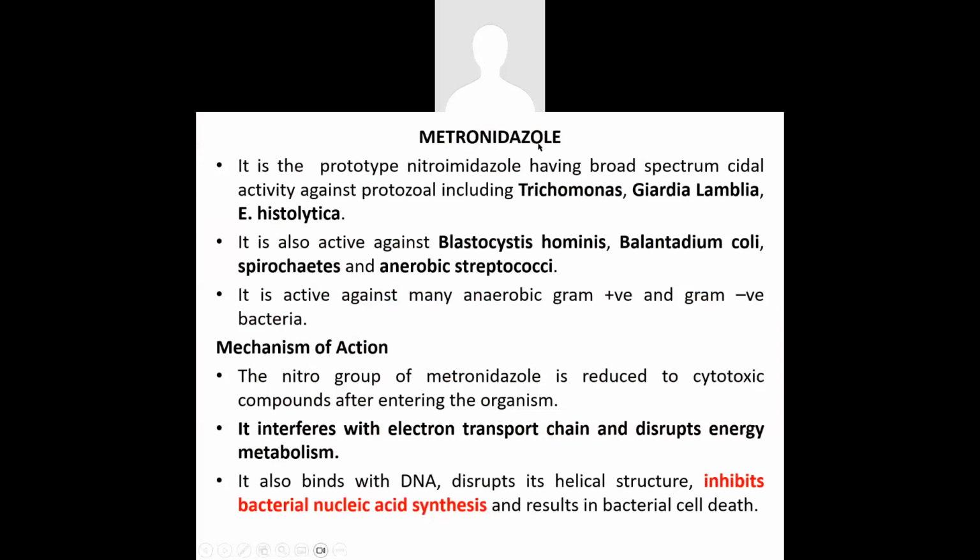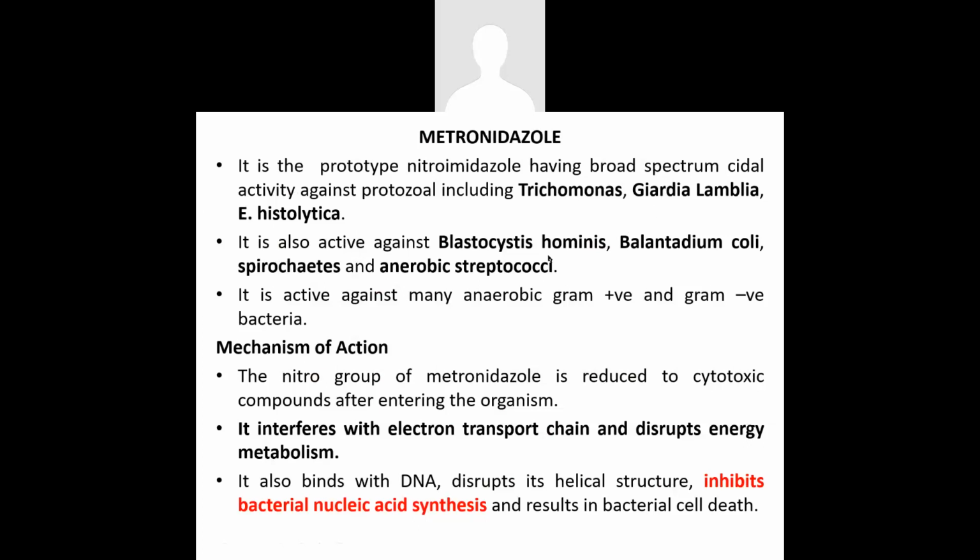The drug used for treatment of amoebiasis is metronidazole. It is a prototype of nitroimidazole having a broad spectrum of activity against trichomoniasis, Giardia lamblia, and Entamoeba histolytica. This is the most common pathogen that metronidazole acts on.